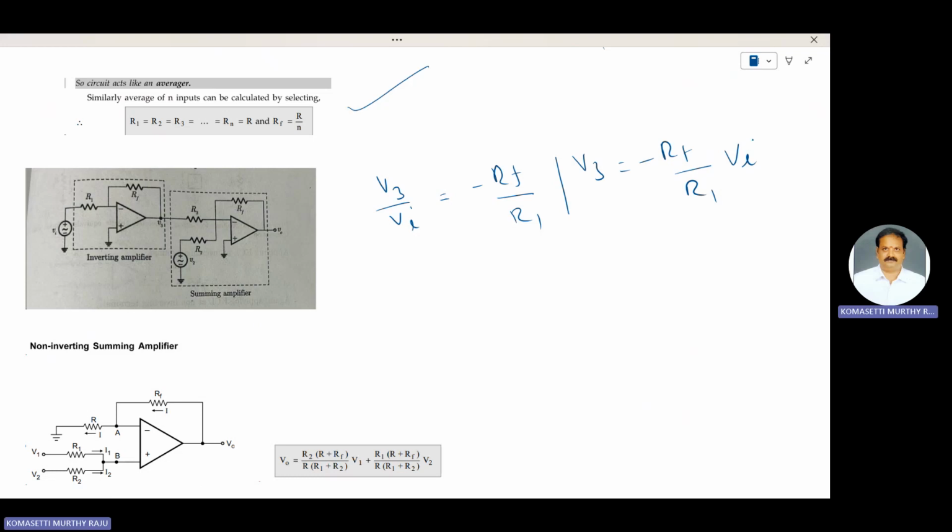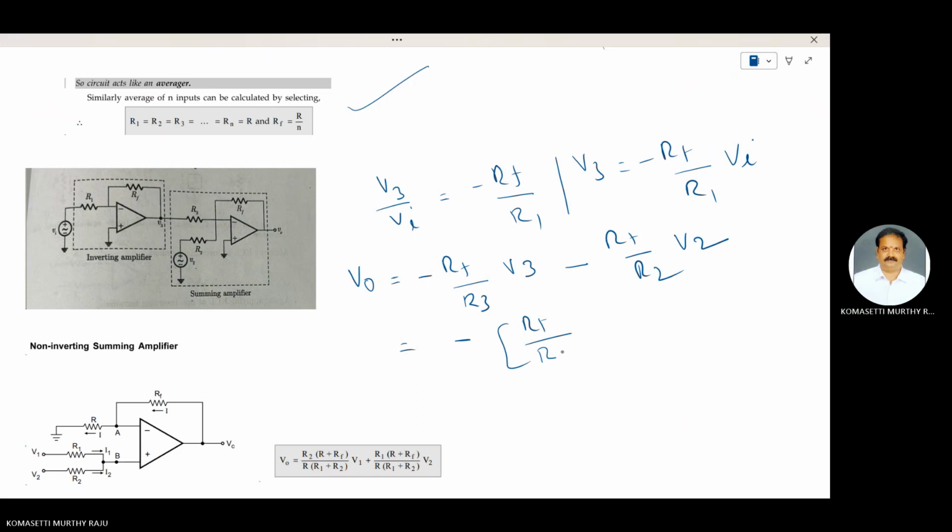Second stage is the summing amplifier. This summing amplifier means here V3 voltage, and this one is V2 voltage. Summing means therefore output voltage V0 is equal to minus Rf by R3 into this input voltage V3, minus Rf by R2, input voltage is V2.